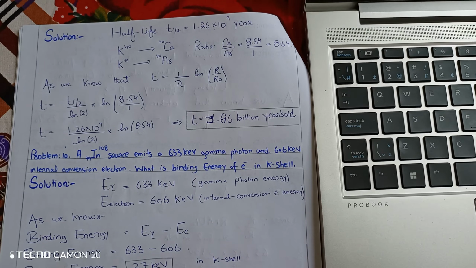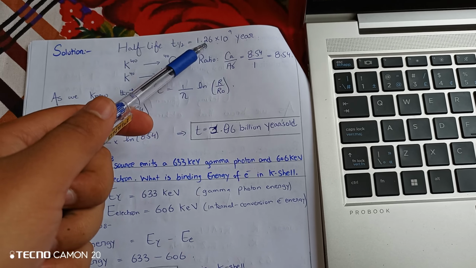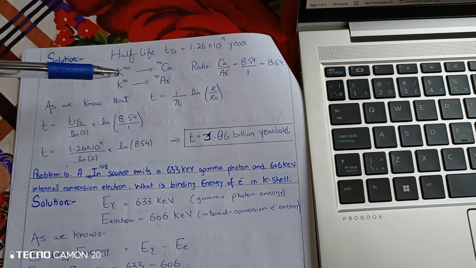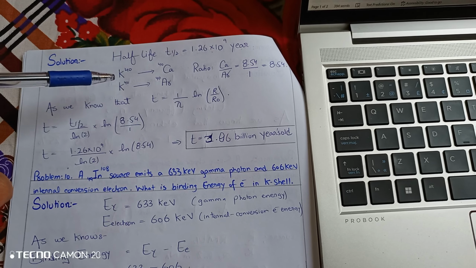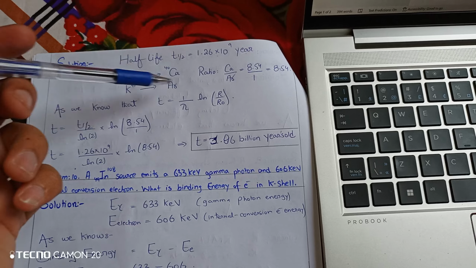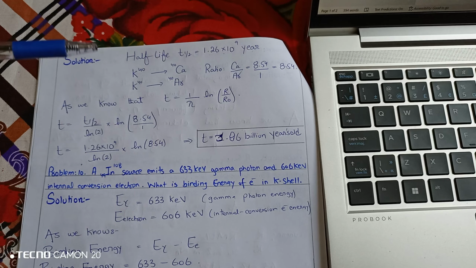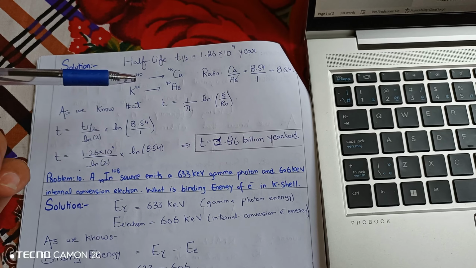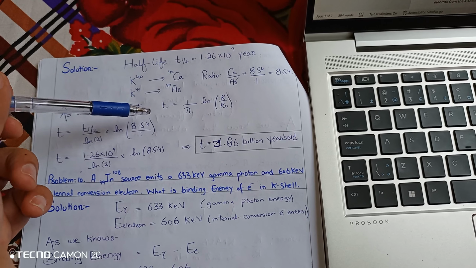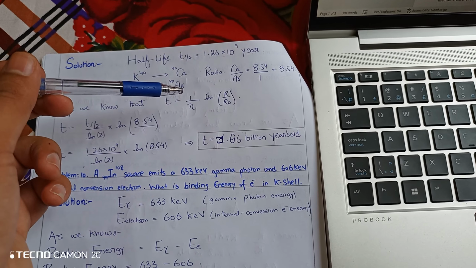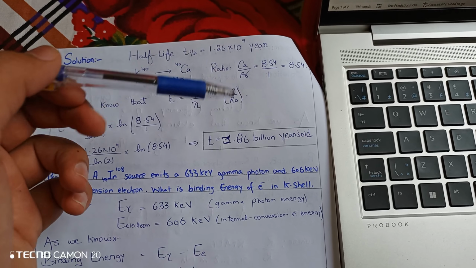As the half-life is given, which is 1.26 times 10 to the 9 years, and potassium decays to calcium and also to argon, their ratio is 8.54. Now you know the formula: T equals 1 by lambda ln of r by r naught.